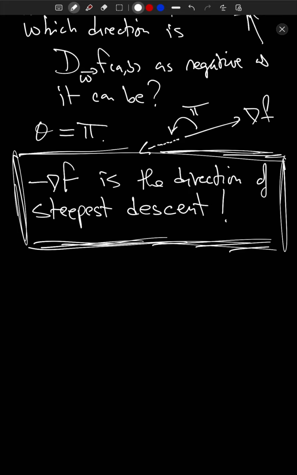All right, this direction of steepest descent is used quite a lot in real life. We'll talk about optimization next week, and the way we talk about it works perfectly fine.